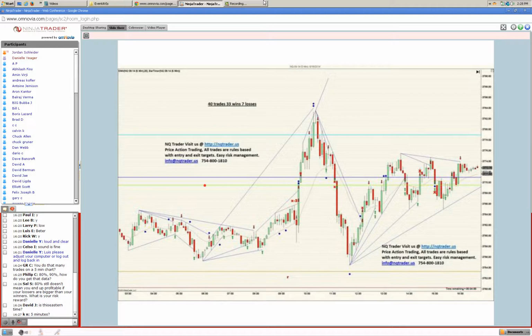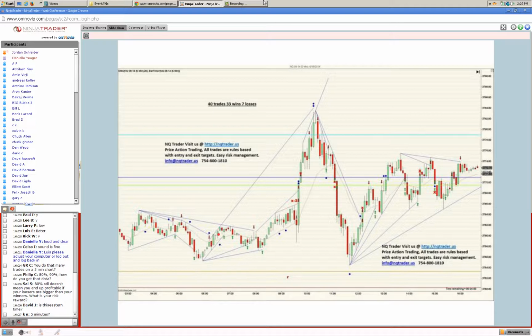We also have a reversal pattern that we trade off of, and that's a little more complicated. I'm not going to really get into too much about that here because it tends to be a little confusing. But it's real easy to see on here what we have as far as trend lines. Wherever you see a red arrow, that's a short trade. A green arrow is a long trade.